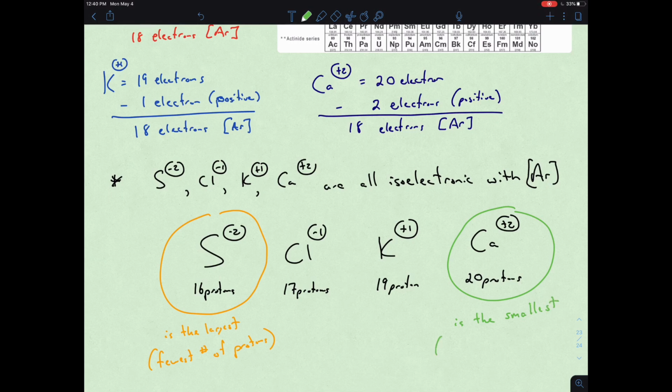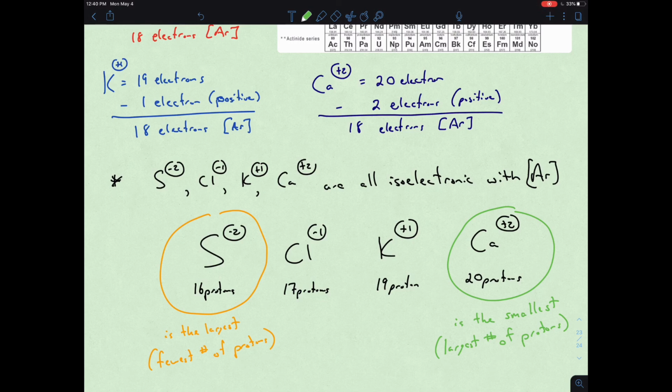And it has the largest number of protons. So that's the trend as we see it with isoelectronics.